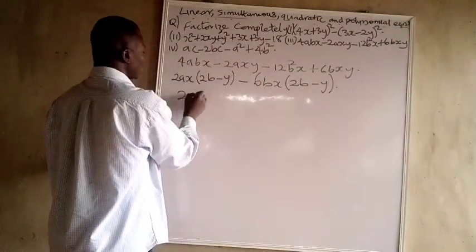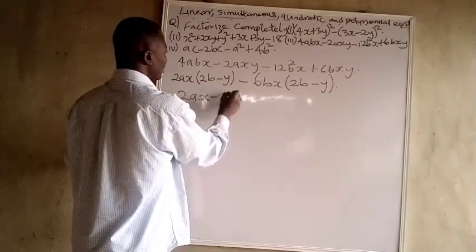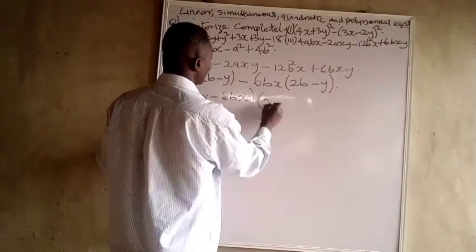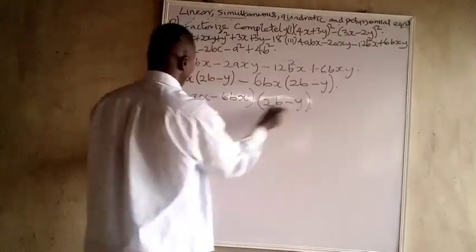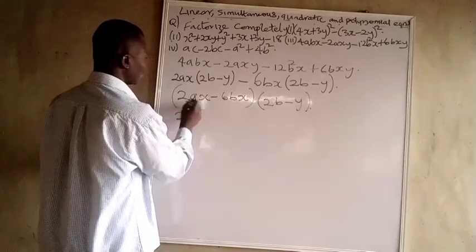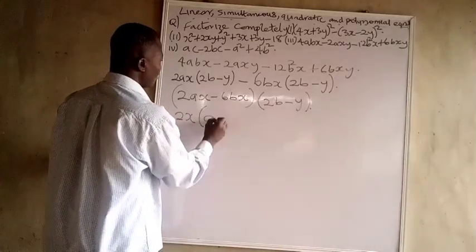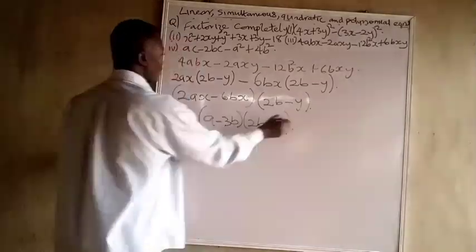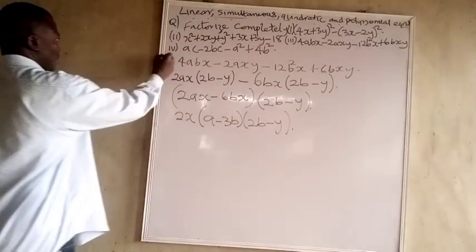So you have 2ax minus 6bx into 2b minus y. You can still factorize further and say 2x into a minus 3b into 2b minus y. So that's the solution to the third one.